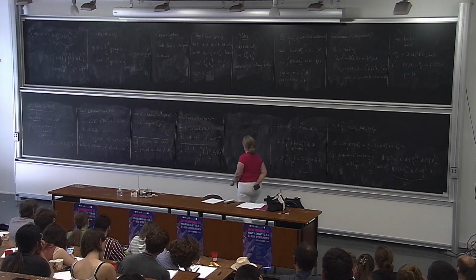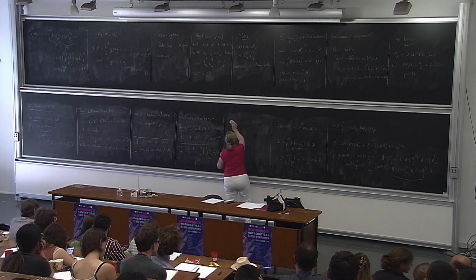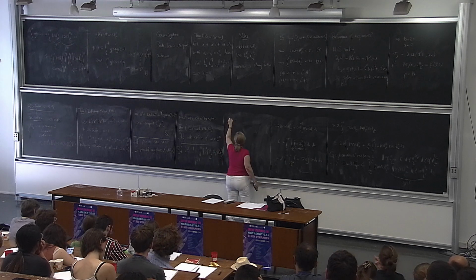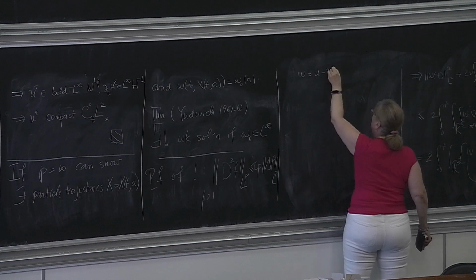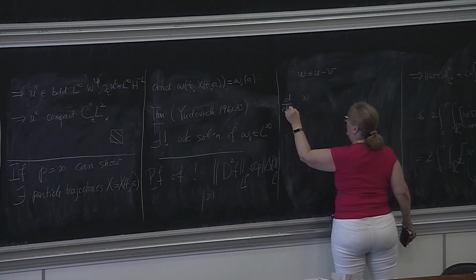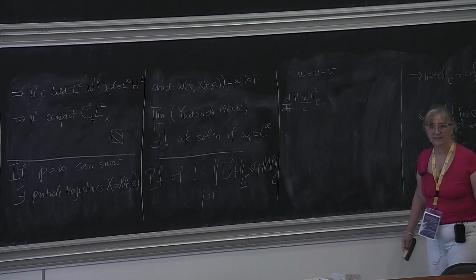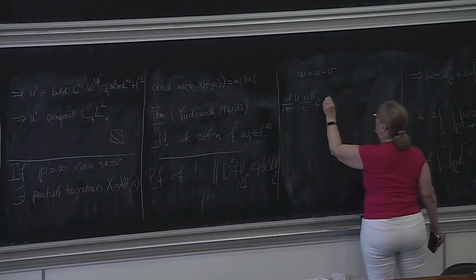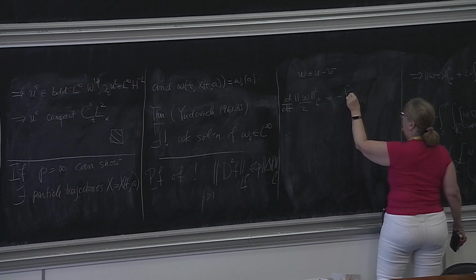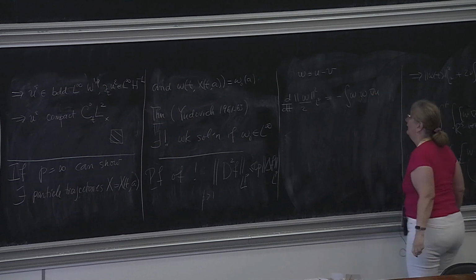And so what you do is you look at u minus v. So suppose you have two solutions. You look at d/dt of the L2 norm. We've done this calculation a zillion times. Now I no longer have viscosity here. So this is going to be equal to minus the integral of w times grad u.